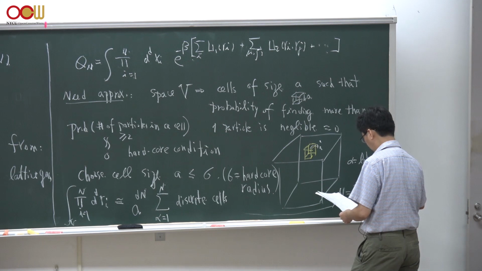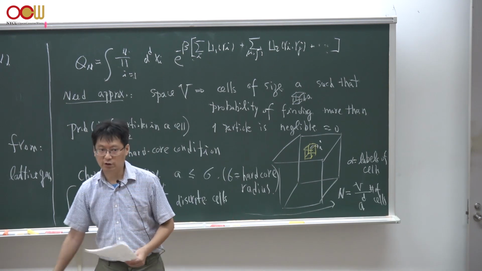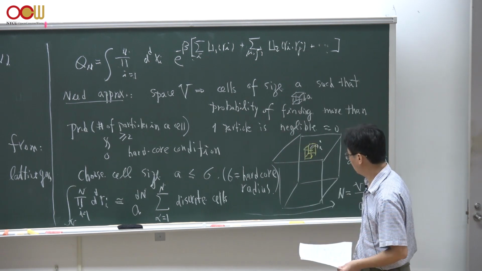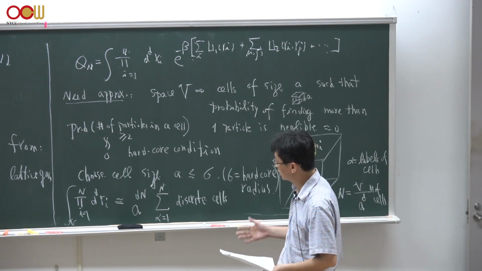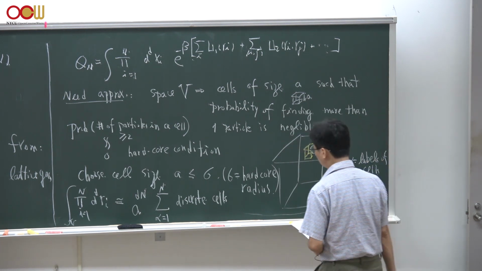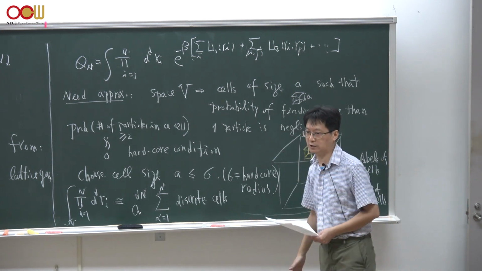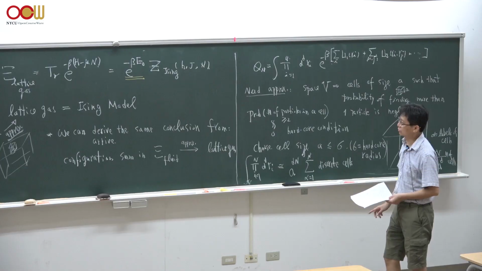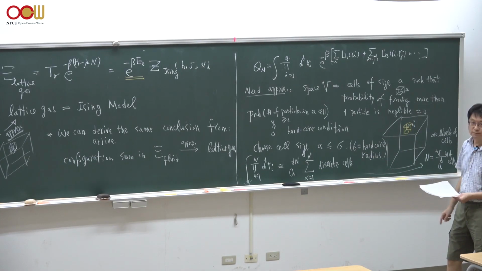Okay, so that's about it for today, and we will continue next time to finish this alternative mapping by directly computing this partition function with the hardcore approximation, and we could arrive at the same partition function that we derived earlier.